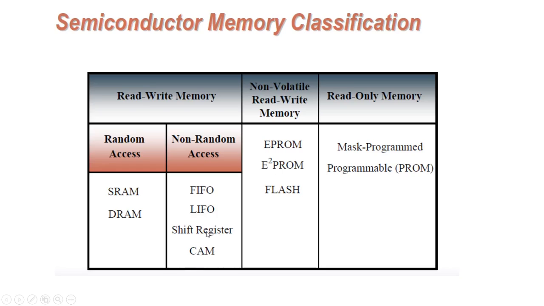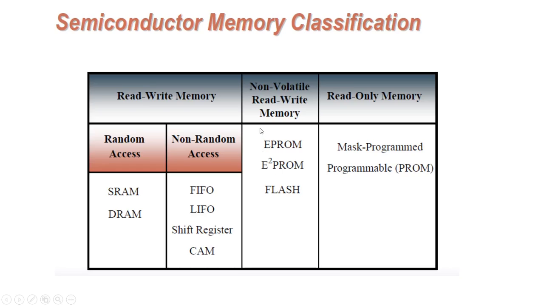Of course, these are all non-random access. You cannot access the data wherever you are. Suppose you are in a particular position, you can access the content and retrieve the values. Of course, you can rewrite.